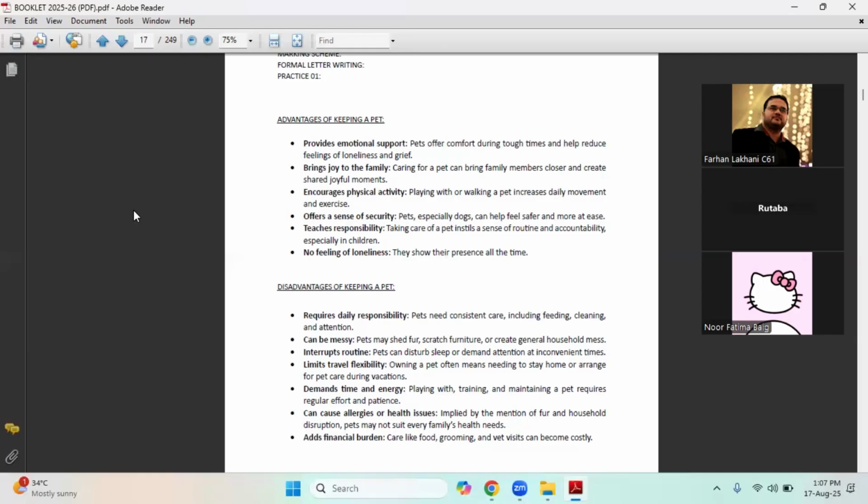What I want you to do is look for, okay, Rutaba, how many advantages have you found out of six? I found 7 advantages and 7 disadvantages. One advantage was missing in which you wrote. Okay, that's perfect. Nur Fatma, how many advantages and disadvantages have you found?